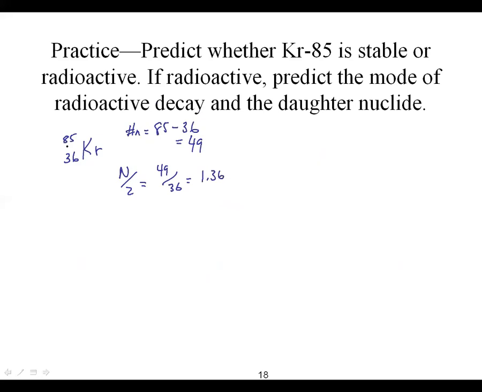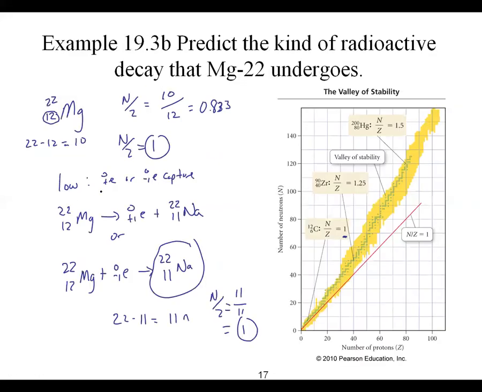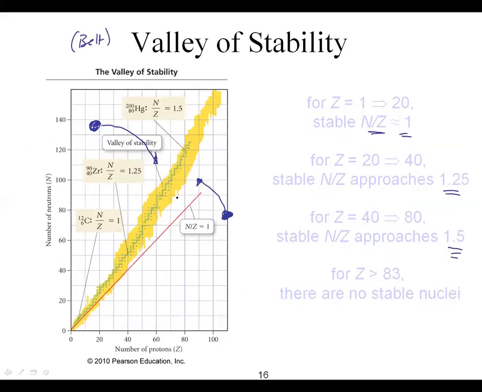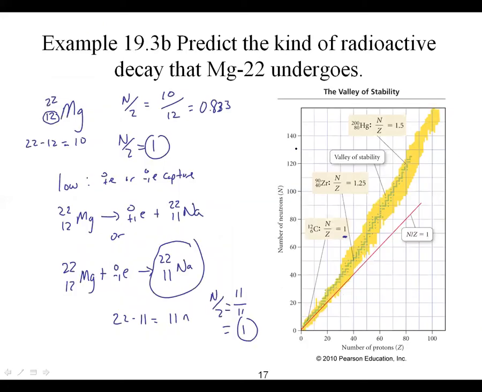So we want to look here again at that chart that we had, and we're at an atomic number of about 40. Our acceptable ratio there is 1.25, as we can see. And that would put us in this range.